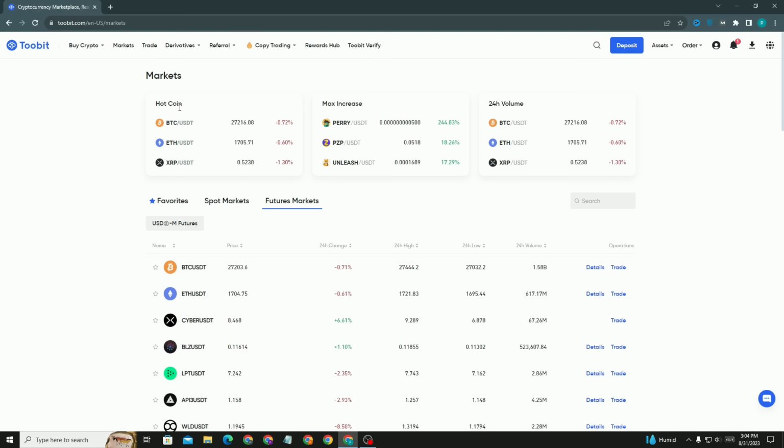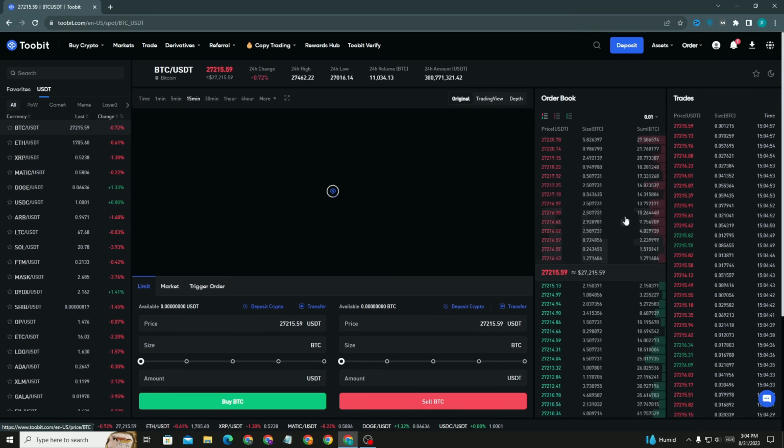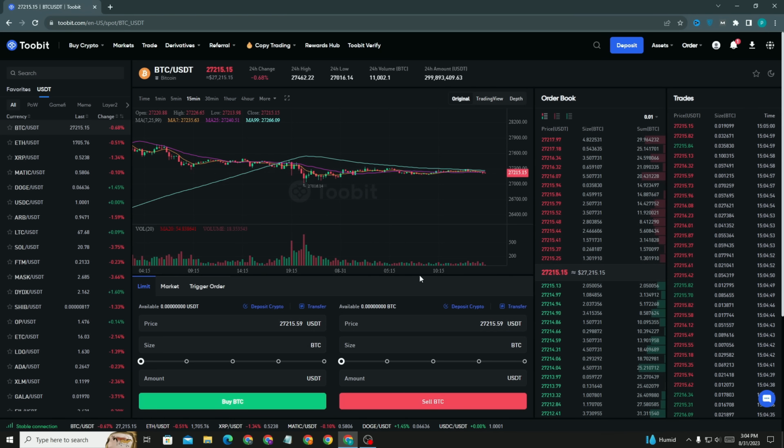Now I'm going to move on to the trade. How to trade here, and how to buy BTC or sell BTC, Bitcoin. You can see the data here: the green symbols are for buy, and the red symbols are for sell.